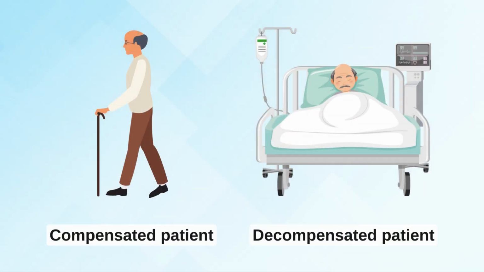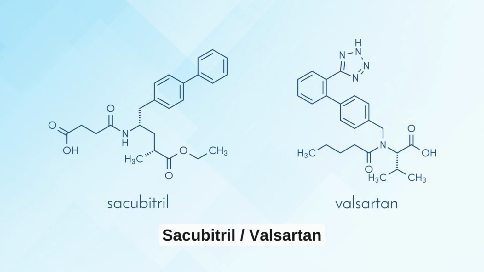That means he's not decompensated, so he's not struggling for his life due to difficulty of breathing. He's more a compensated, stable patient with light forms of symptoms, then we will start a medication with sacubitril valsartan.